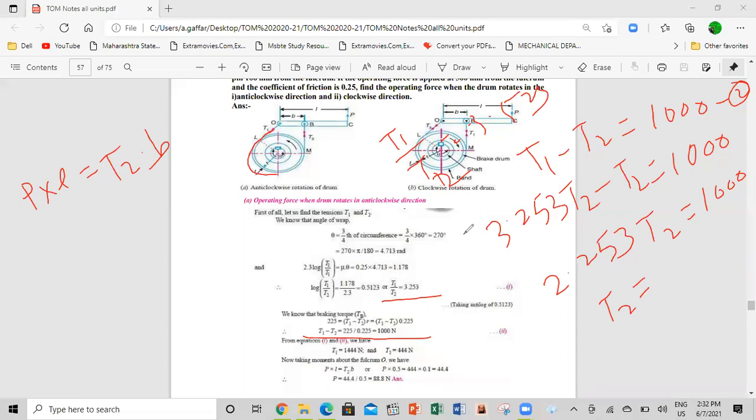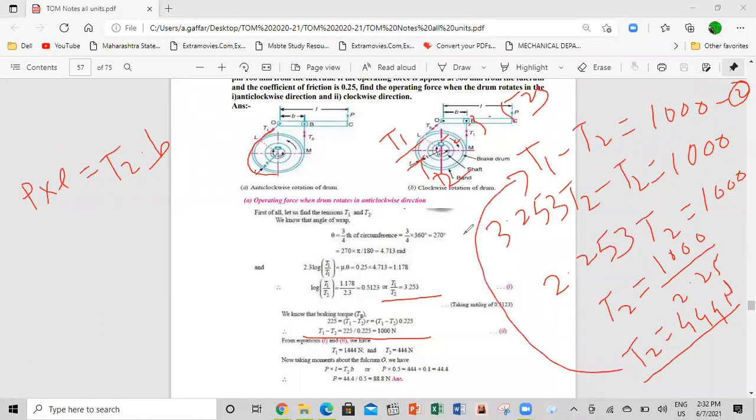What is the answer? 1000 divided by 2.25. So T2 is 444 Newton, and putting T2 in equation 2, T1 will be 1444 Newton.